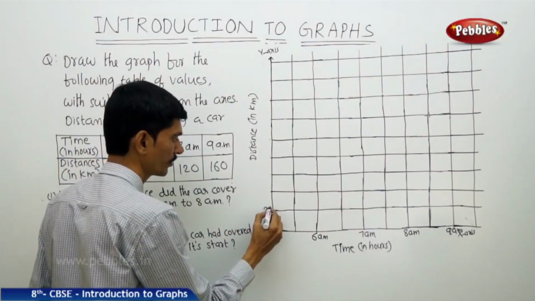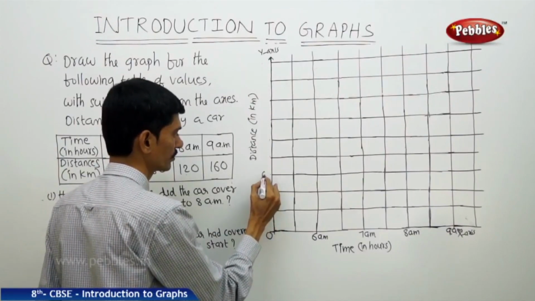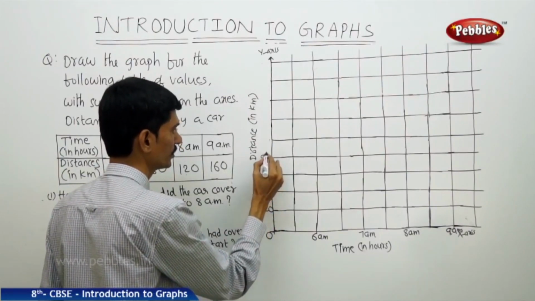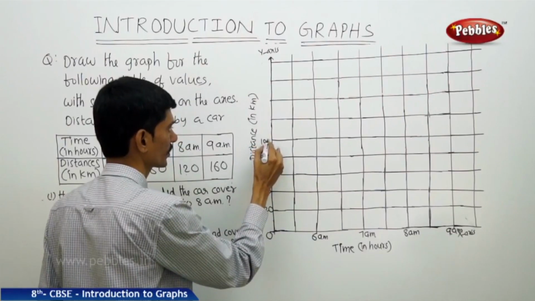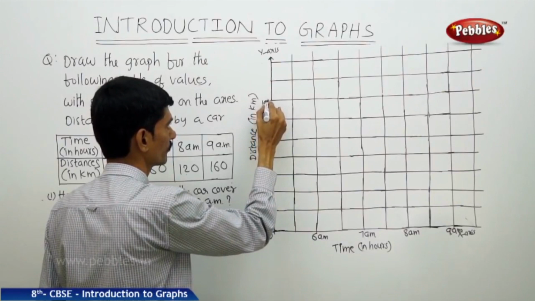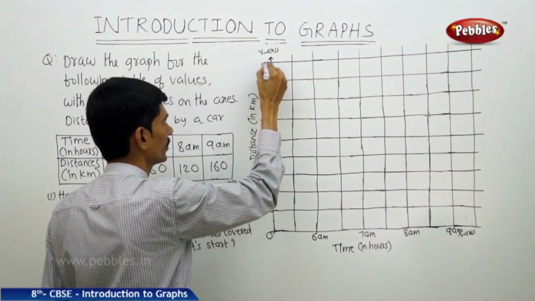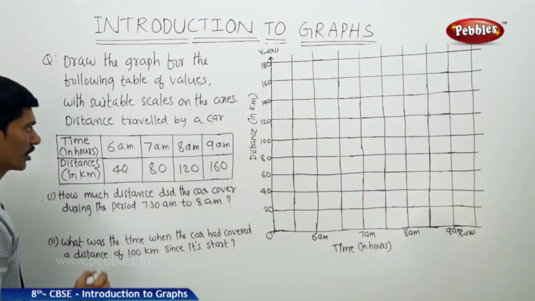Here 1 unit represents 20 kilometers: 20, then 40, 60, 80, 100, 120, 140, 160, then 180.